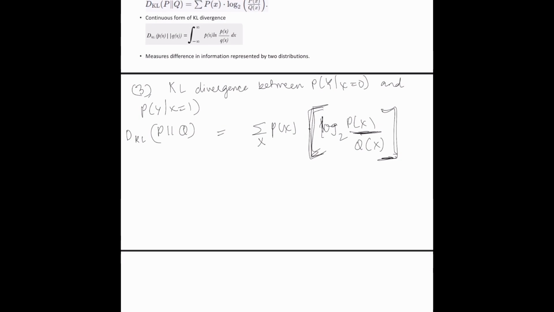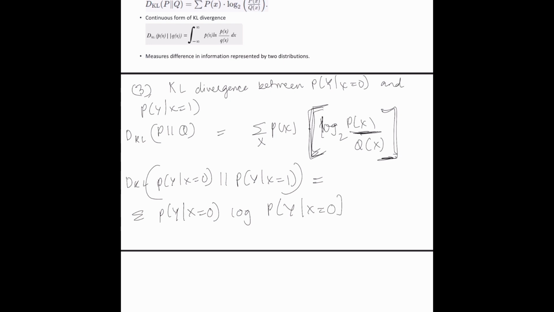So now D KL of p of y given x is equal to 0 and p of y given x is equal to 1 is equal to the summation of p of y given x is equal to 0 into log of p of y given x is equal to 0 divided by p of y given x is equal to 1.